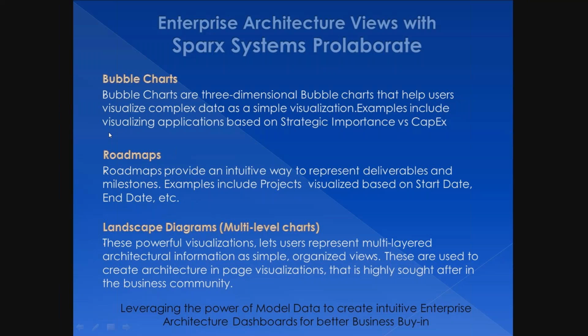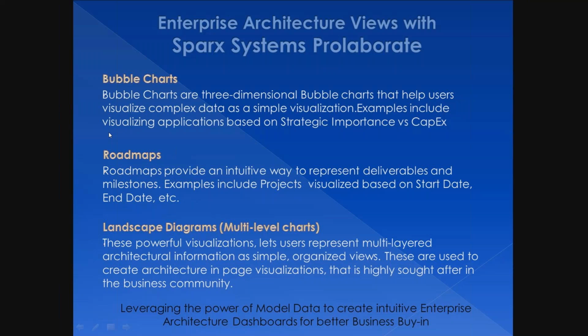There's another couple of questions just about the product suite. So I just want to very quickly mention that Enterprise Architect is our modeling tool where we develop and build the repository which contains all of the information.